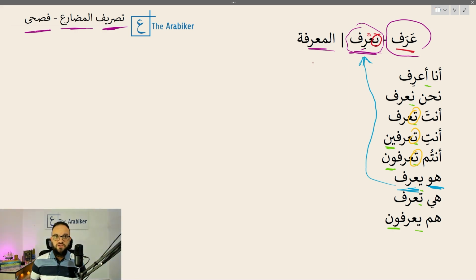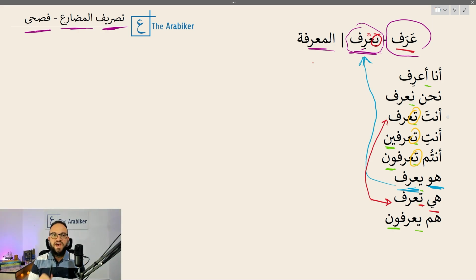The fourth thing that you might have noticed is that for the conjugation of hiya, we added the prefix ta on the verb, ta'arif, as well to indicate that the doer is feminine. However, this makes the conjugation of hiya, ta'arif, identical to the conjugation of anta. Anta ta'arif, hiya ta'arif. Identical.